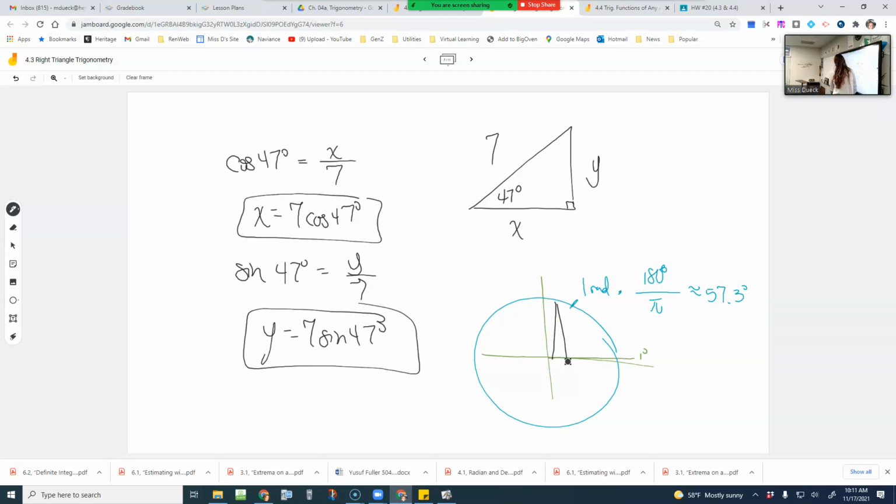Cosine, well, the x is going to be little, the y is going to be big. I need to be careful that I'm lining up the correct one with the correct one, because cosine is always referring to this one and sine is always referring to that one. So I'm using the x to be the horizontal, the y to be the vertical. So you just multiply the 7 over. Yeah, I'm just doing a quick little algebraic solving.